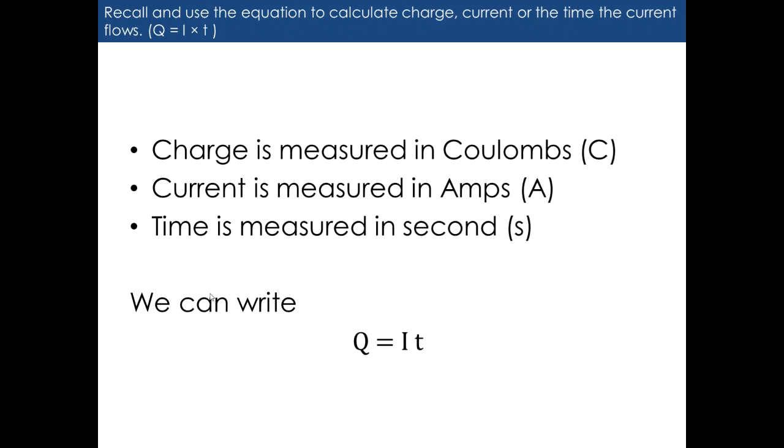So to make it quicker, we use symbols to represent each of the words. So charge is represented by the letter Q, and current, we've seen before, is represented by the letter I. Time is represented by the letter T. So charge equals current times time can be written much more quickly as Q equals IT.